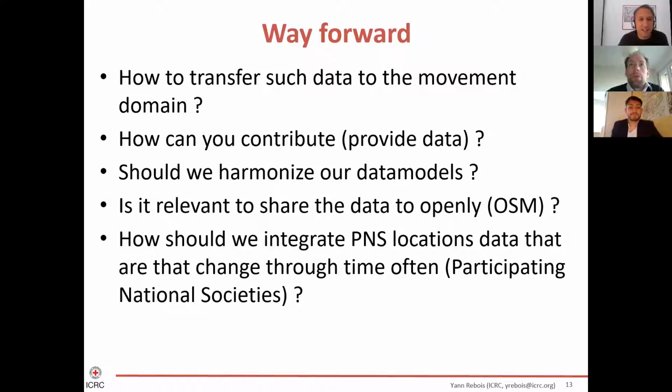Yann and Maz, if you were to pick the biggest challenge in this project, and it could be a technology challenge, a people challenge, an organizational challenge, or a political challenge, what would you say was the biggest hurdle that you had to overcome that perhaps you didn't plan for or didn't expect to happen? Maybe you planned for it, but you didn't expect it to be as big a hurdle as it was.